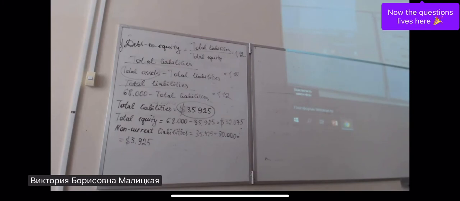If you need, you can take a picture of my solution, those who are here in the classroom. All right, and we need now to do what, ladies and gentlemen? Calculate gross profit. Guys, do you want me to erase that or to move to the right-hand side of the whiteboard? Tell me.